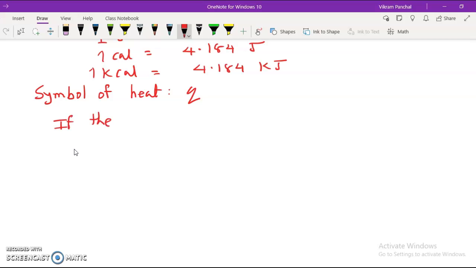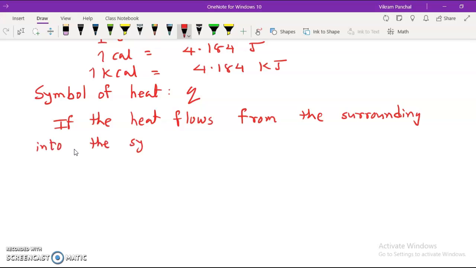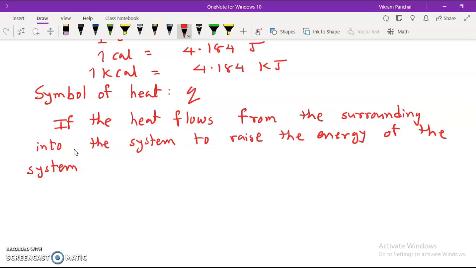If the heat flows from the surrounding into the system, to raise the energy of the system, that means energy is coming from the surrounding to the system, then it is taken to be positive. That means in this case Q will be positive.